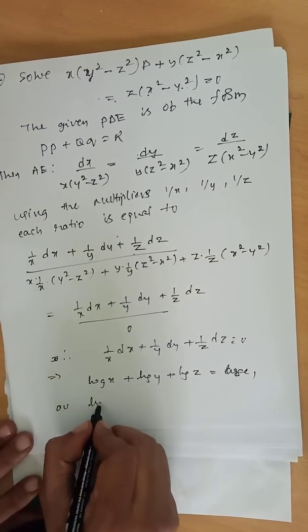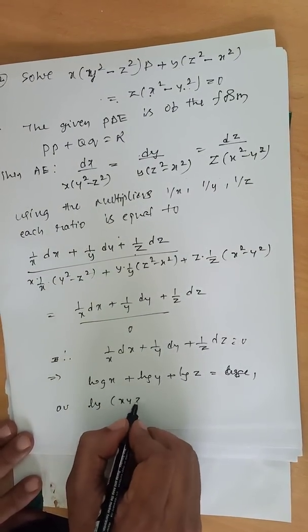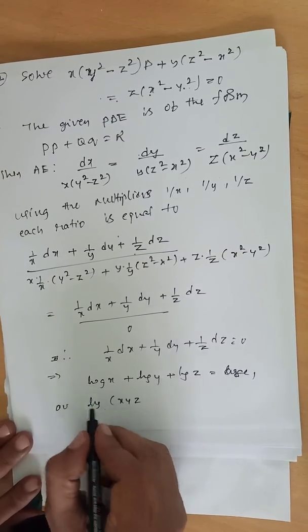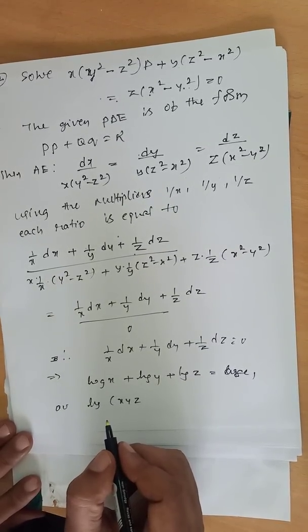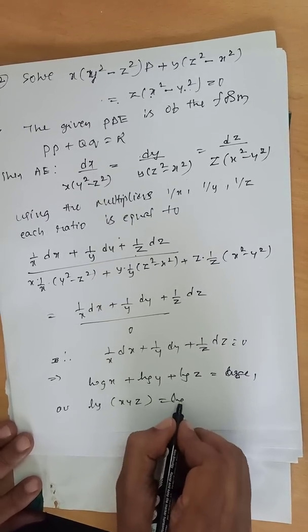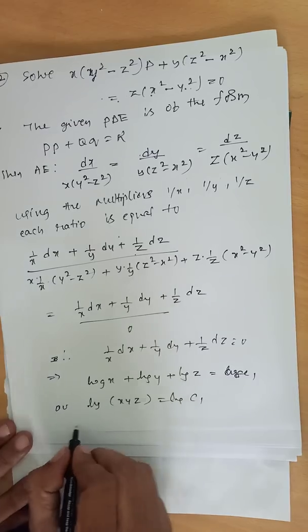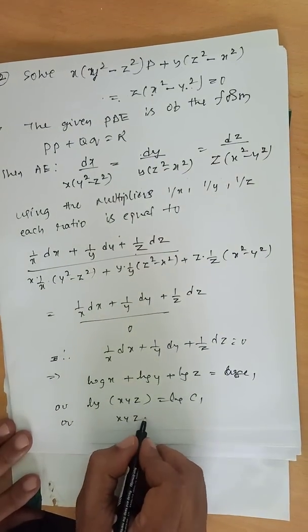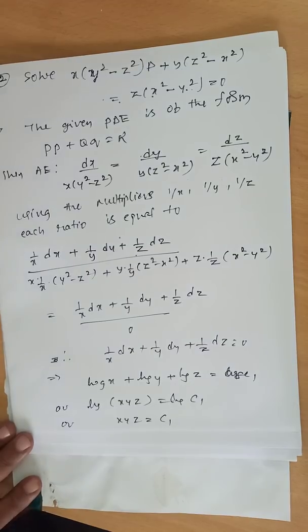Or taking log of xyz, because using the property of log m + log n = log mn, log xyz equal to log c1, or xyz equal to c1.